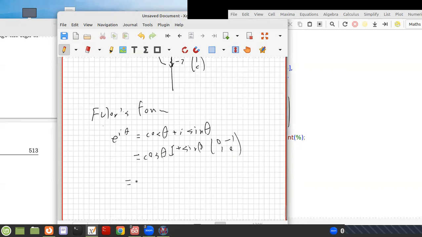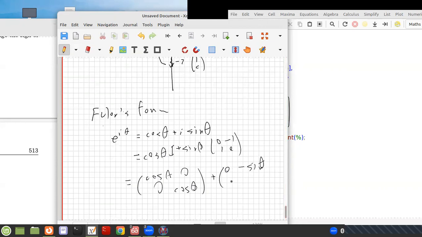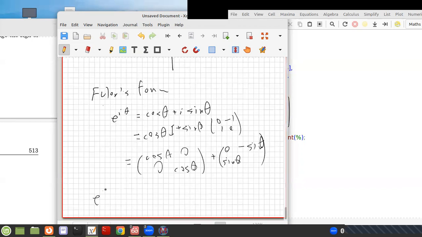And this is the identity, so this is going to be cosine theta, 0, 0, cosine theta, plus 0, -sine theta, sine theta, 0. So then you end up with e to the i theta equaling the matrix cosine theta, -sine theta, sine theta, cosine theta. Well, this is just a rotation by angle theta. And this is what this is.